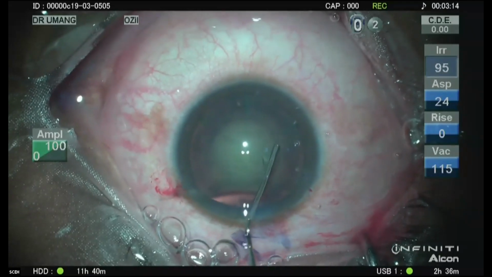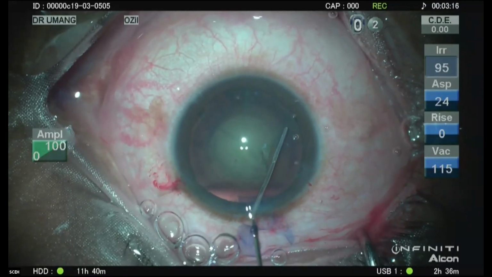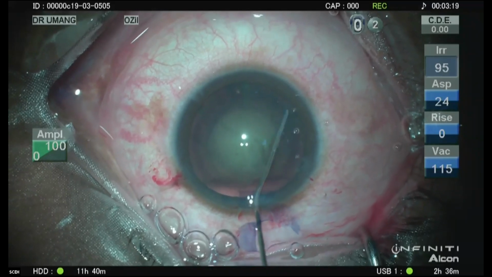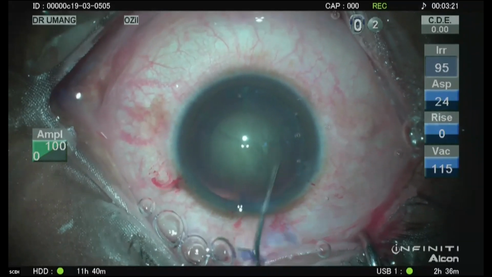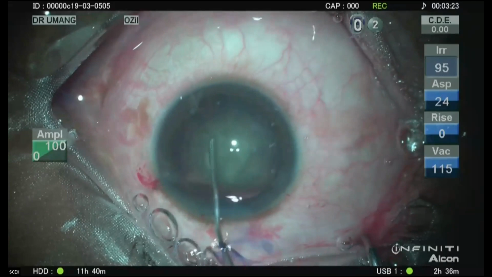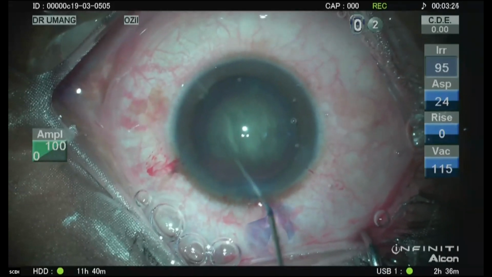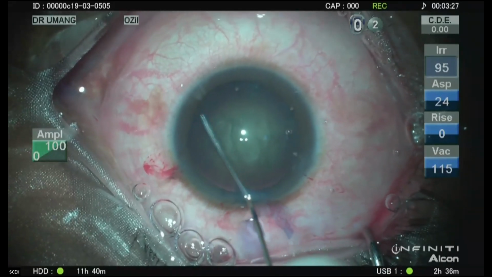So the capsule, lift the capsule up, and then we've got a wave. Burp it out, then do one more.